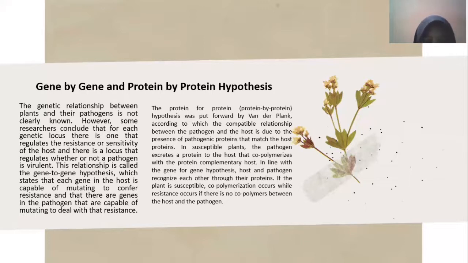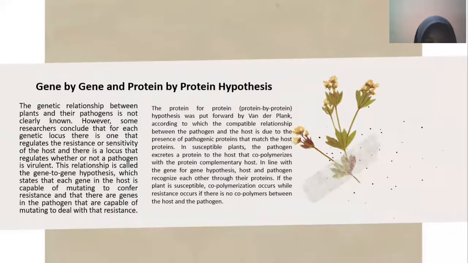The protein for protein or protein by protein hypothesis was put forward by van der Plank, according to which the compatible relationship between the pathogen and the host is due to the presence of pathogen proteins that match the host proteins.